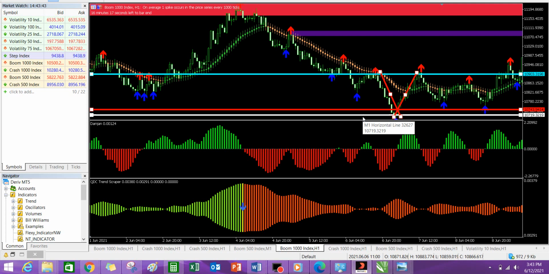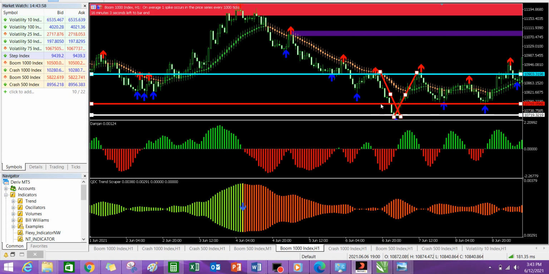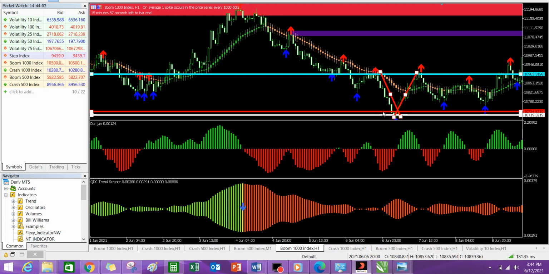But this is what it's going to do, because spikes in boom and crash do not respect stop loss. So this is what it's going to do. Okay, it's going to push your stop loss backward to where the spike will end. Okay, because this is 1 hour time frame, definitely a single spike will not take away the whole of the 1 hour candle.